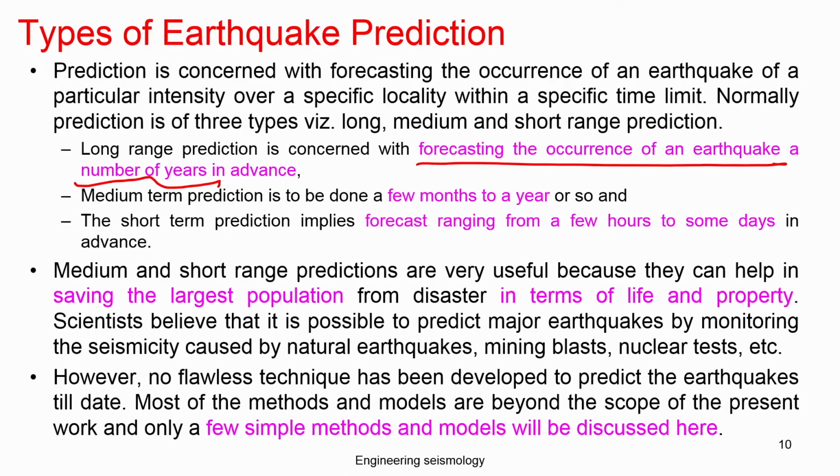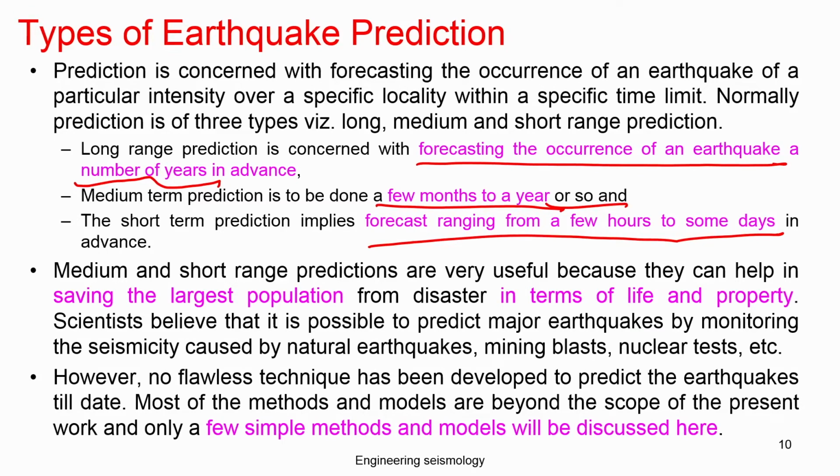Medium term prediction is done a few months to a year in advance. Short range prediction is forecasting ranging from a few hours to some days.